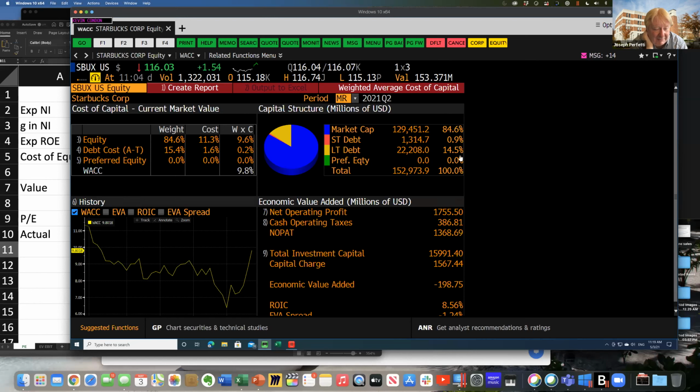The equity is 85%. So 100 divided by 85%. Is that 1.2? Something like that. So basically, take your ROIC, multiply by 1.2, and that's approximately where your return on equity should be.